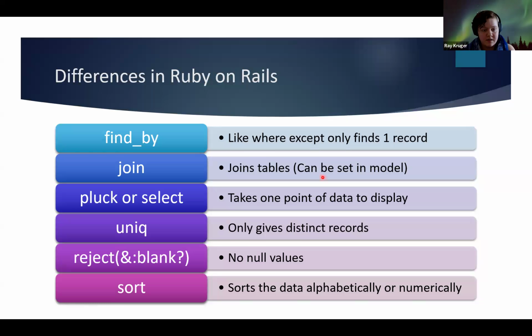It's still just to join tables together. Pluck or select is like the select in SQL, but it goes near the end, as you saw, rather than at the beginning. Unique is like distinct, and also goes at the end of the query rather than the beginning. Reject blank gives you no null values, and sort is your order by.